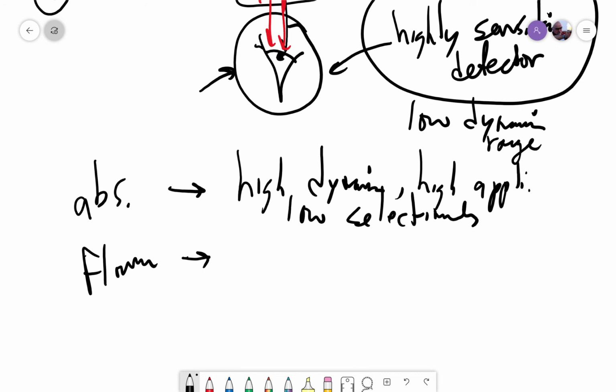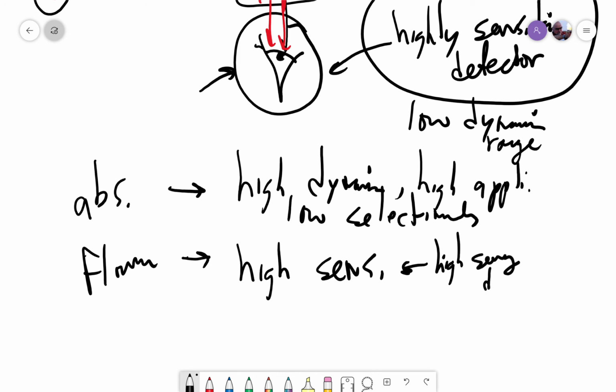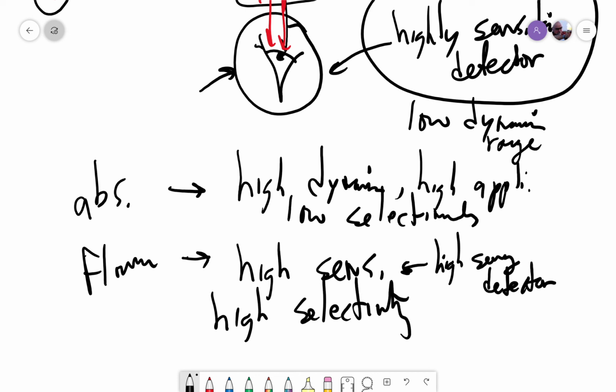Fluorescence, on the other hand, has high sensitivity only because of its geometry of where the detector is relative to the source. And it uses a high sensitivity detector. It has high selectivity because not everything fluoresces, but it lacks the broad applicability of absorbance because not everything fluoresces. You can't use it for everything.